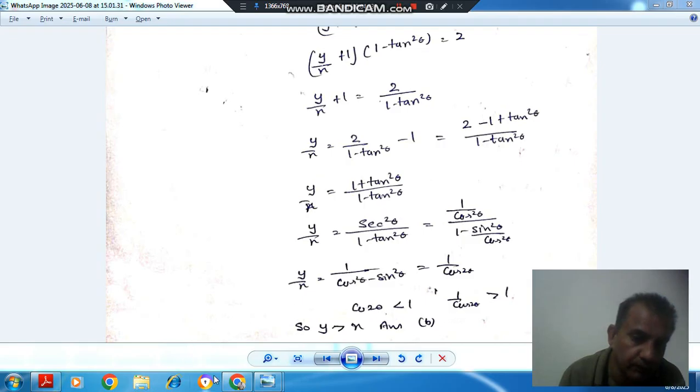Because the tower has some height, so it will have some angle of elevation from Q and R, so it cannot be 1. So it has to be less than 1, so that's why y is greater than x. So the answer is option B.